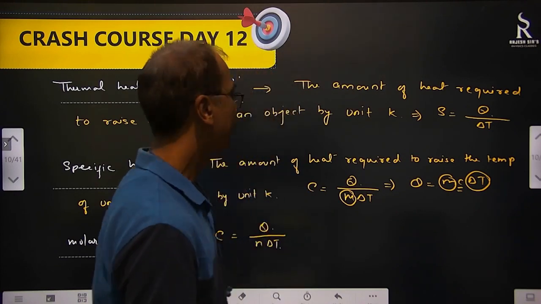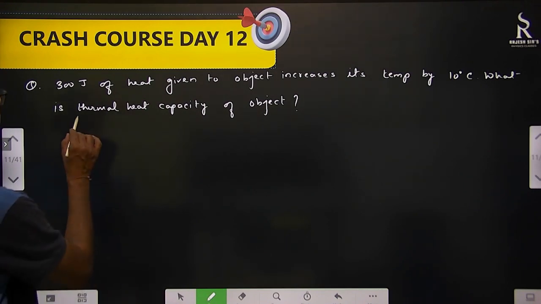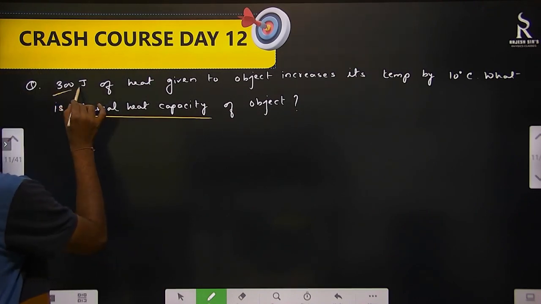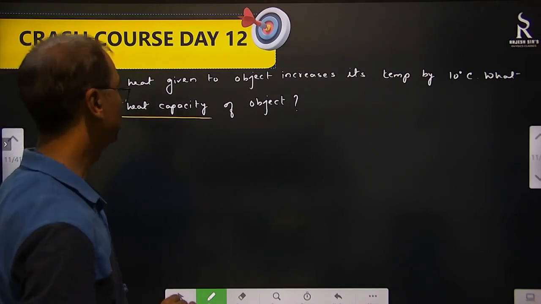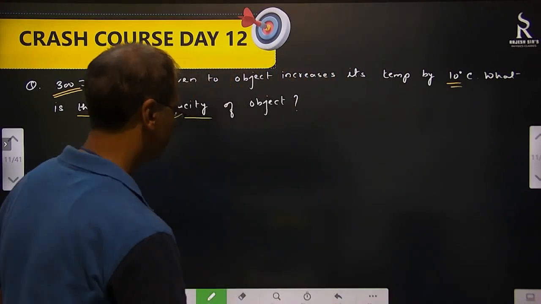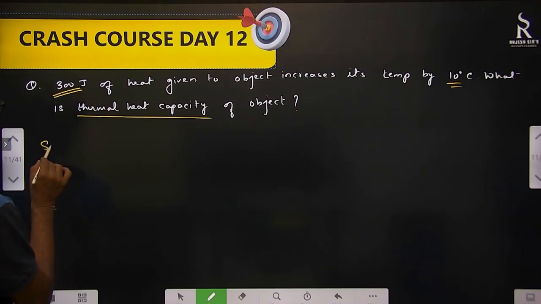Okay, let's see. Based on this, we will see this question. 300 joule of heat given to object increases its temperature by 10 degrees centigrade. What is thermal heat capacity of the object? He is asking thermal heat capacity from us, but it is also given how much heat is given for how much change in temperature. That's 10 degrees centigrade. Okay, easy question. What we are going to do?